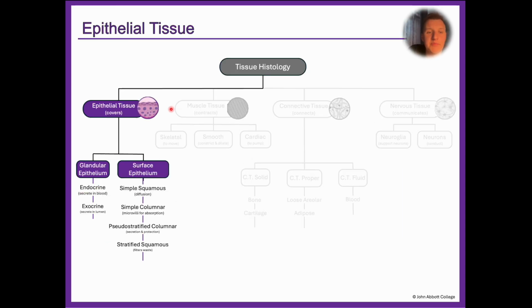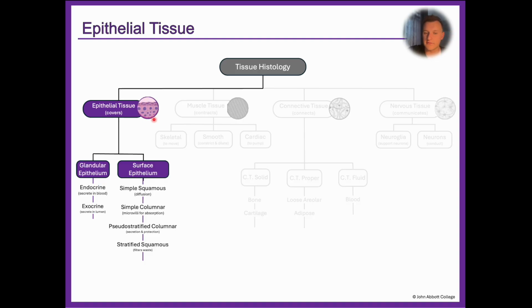So epithelial tissue, right? For each of these, I put one verb, okay? Sometimes in biology, it's easy to get confused. So just think of one specific verb that comes to mind when you think of epithelium, right? And here I wrote covering, covers, right?